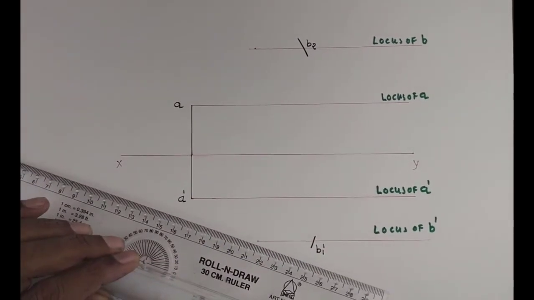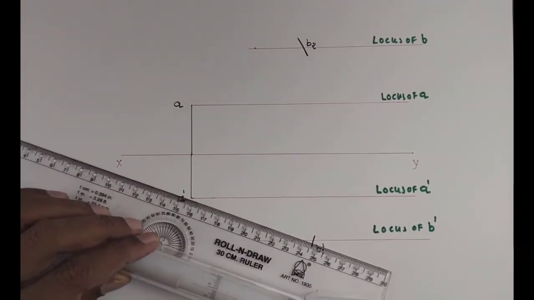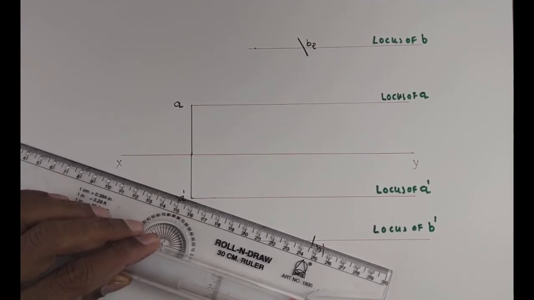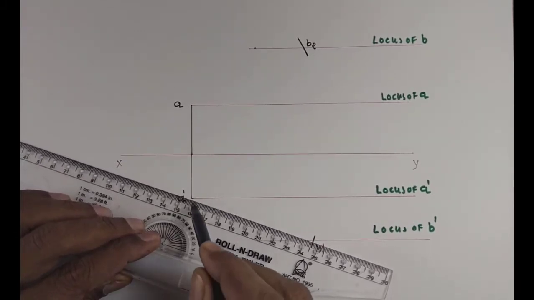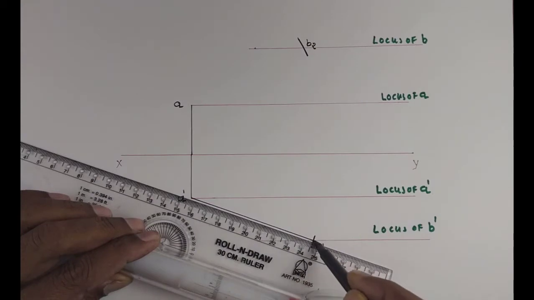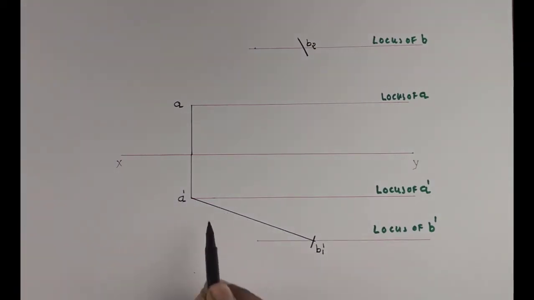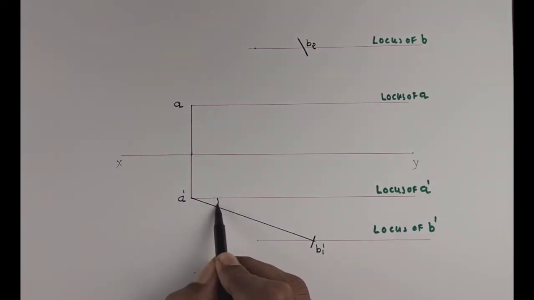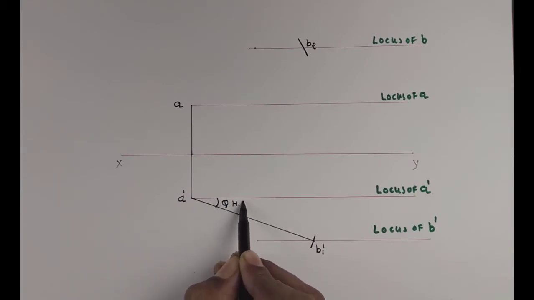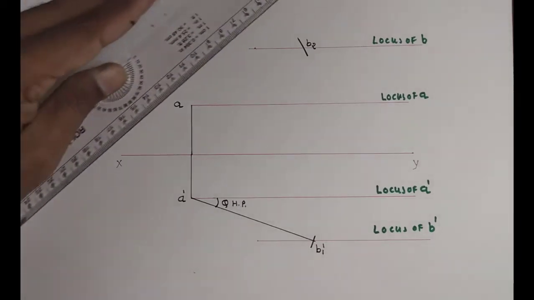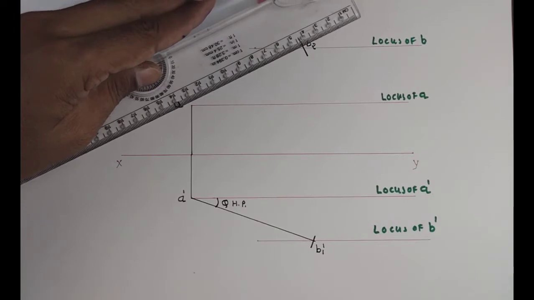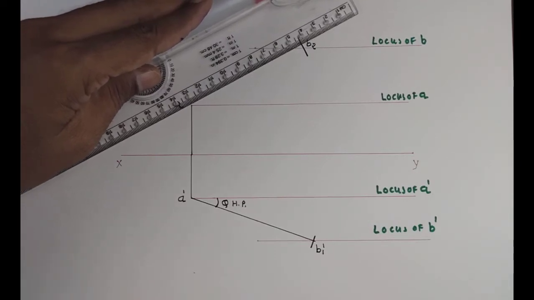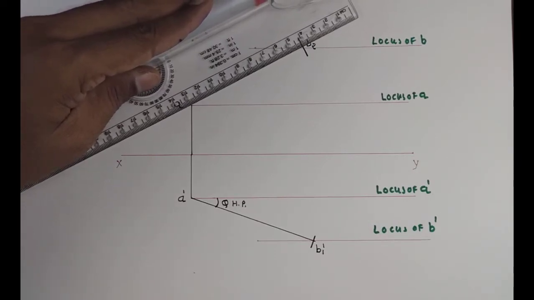Now join your A dash B1 dash, this is our line inclined to HP, theta, and similarly you can join your AB2, line inclined to VP.